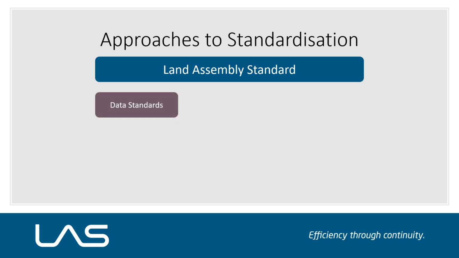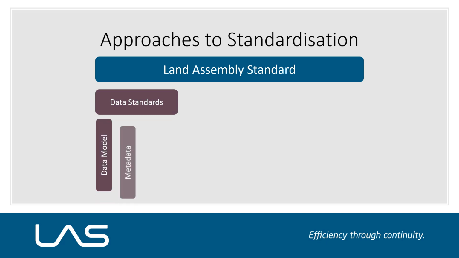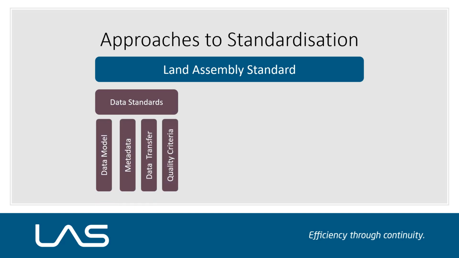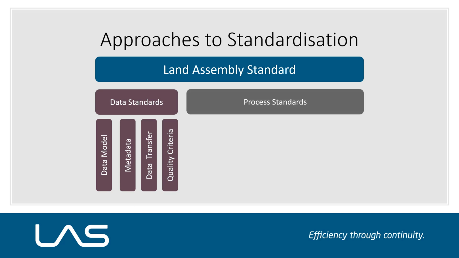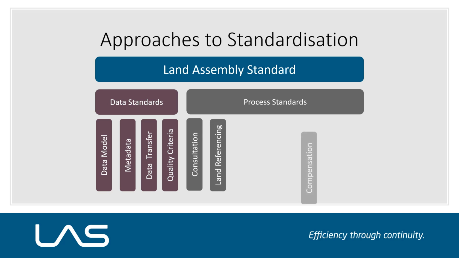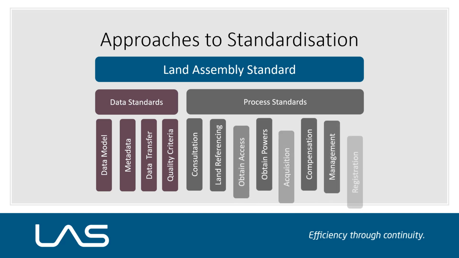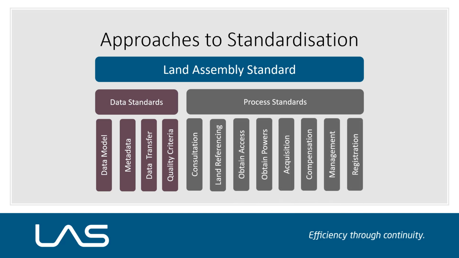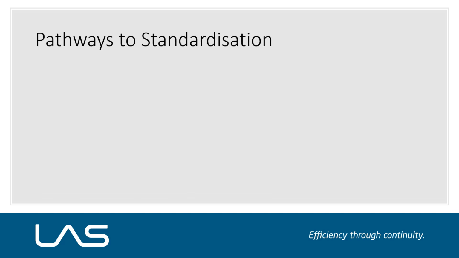A core data standard needs to be developed initially, which could provide the glue needed to ensure connectivity between a series of standards covering process components such as consultation, land referencing and compensation, amongst others. Developing a comprehensive set of standards in this way not only reduces the quantity of work and timescales, but can also deliver early benefits.